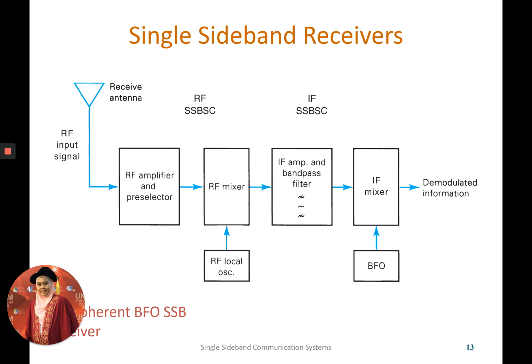The third one is the IF stage. The fourth one is the detector stage, and lastly the audio stage. The single sideband receiver uses almost similar stages, but for this slide I only show you up to the IF stage.